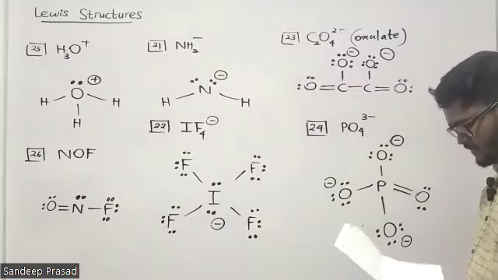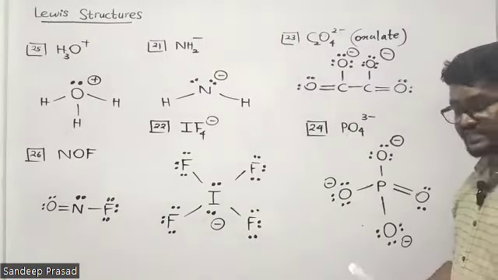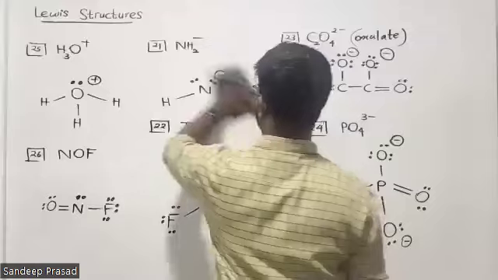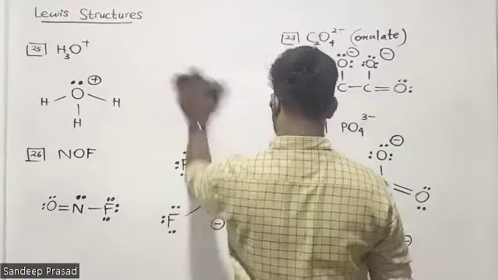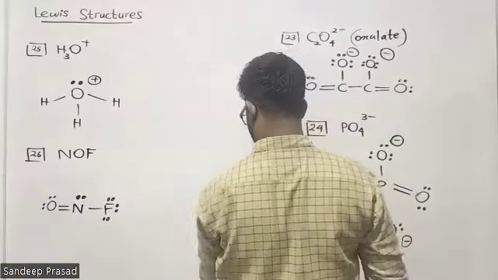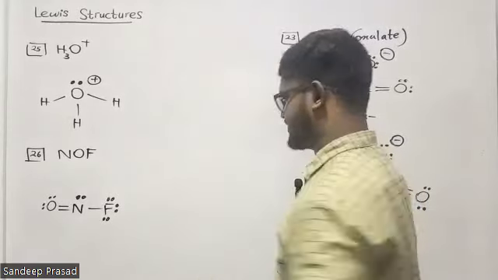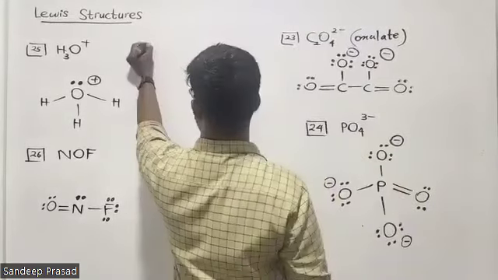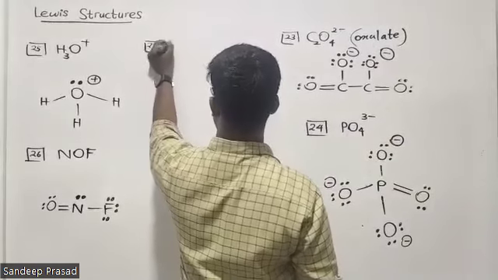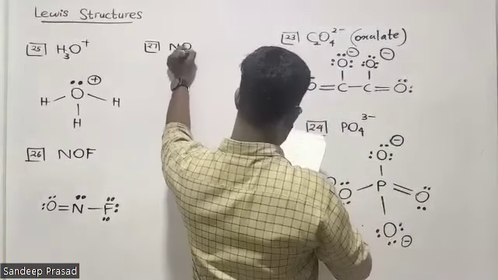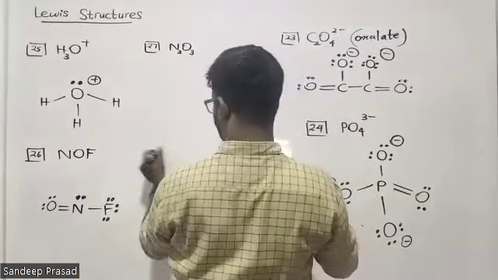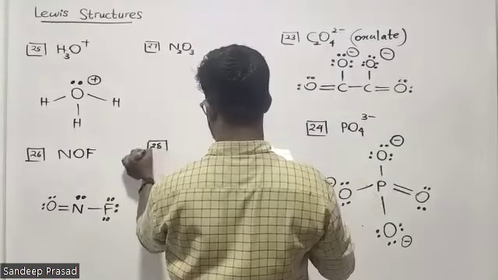Next one. 27 we already discussed in the theory class also. In the tutorial I have given you examples, so it doesn't matter. I will give you the skeleton and let's complete the structure for this one. 27 is N2O3 and 28 is also interesting.